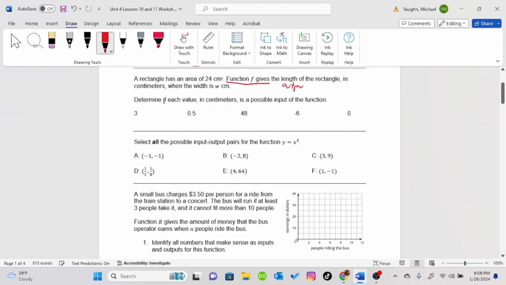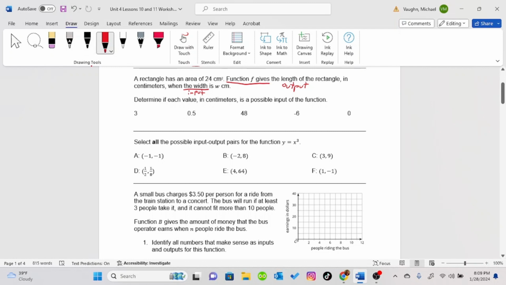So my output is the length of the rectangle, which means the width is my input. Determine if each value in centimeters is a possible input of the function. So they want to know if these numbered values could be the width.